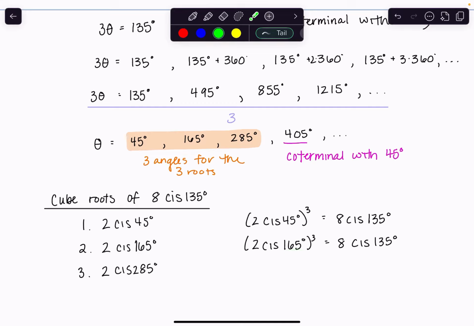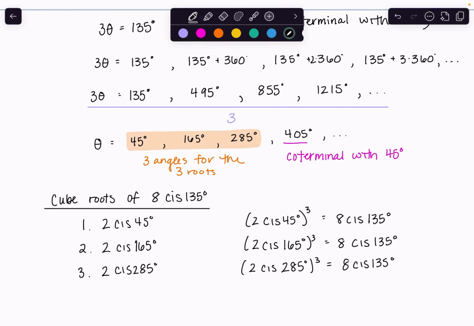The angle inside would look different, but it still will have the same exact output for the cosine and sine function. Because if you do 165 times 3, that would be 495, and 495 is coterminal with 135 degrees. So same exact output for sine and cosine. And likewise, you can check if you take 2 cis of 285 degrees, raise it to the third power, it results in the exact same complex number as 8 cis 135.